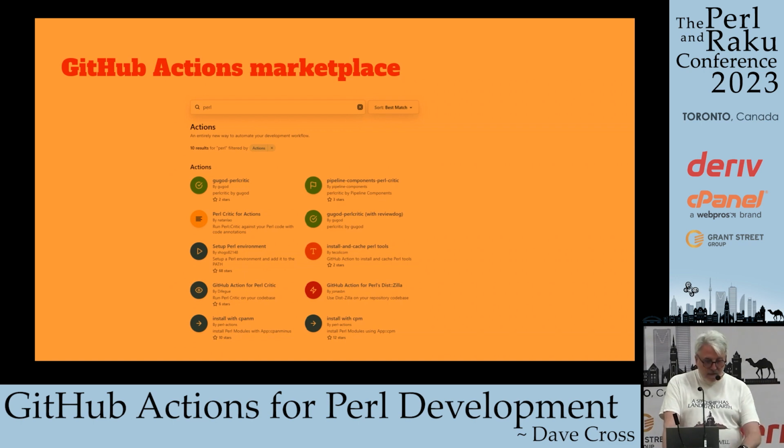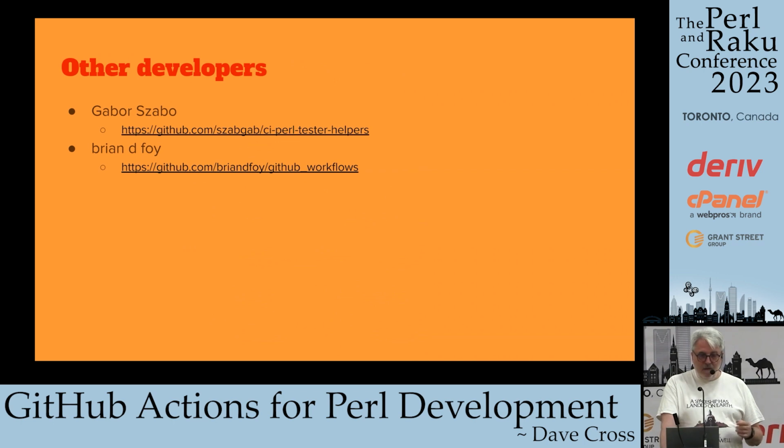Sadly, if you go to the GitHub marketplace and search for actions to do with Perl, there are 10, which is a slightly small number because there are thousands of actions available. And if you were to search for JavaScript or Python, then you'd get far more back. So let's have a look at other developers.